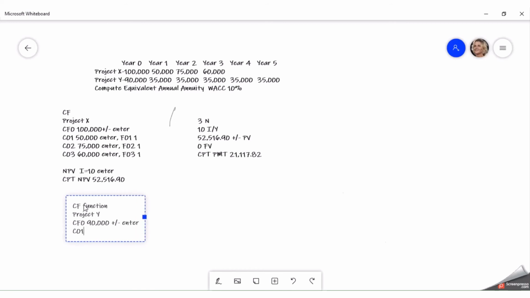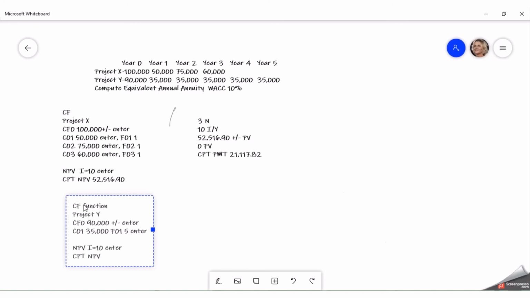The cash flow for year 1 is 35,000, and that frequency is for 5 years. So then we'll put in a 5 and hit enter. And then we will come to our net present value. Again, the cost of capital is going to be 10, and then we will compute that net present value.